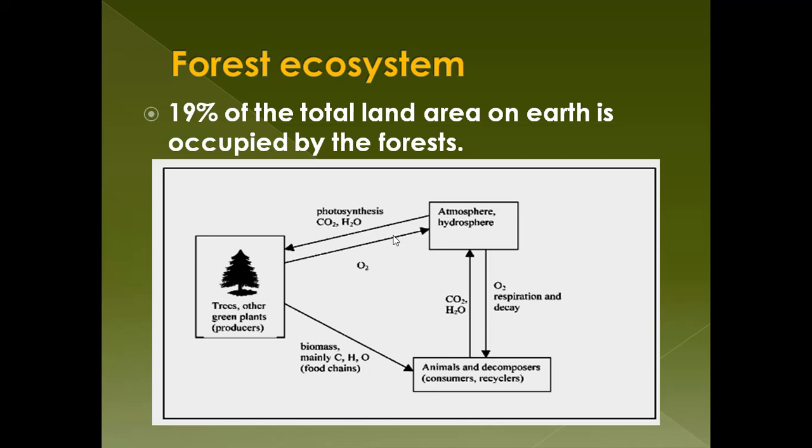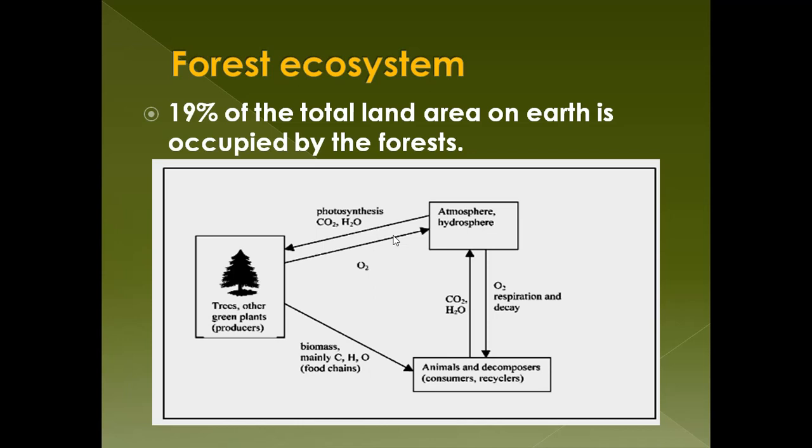Decomposers can also be called recyclers because they release the mineral nutrients back to the plants. So these organisms are mainly depending upon the producers or trees. The biomass in the form of carbon, hydrogen and oxygen enters into the animals by way of the food chain.